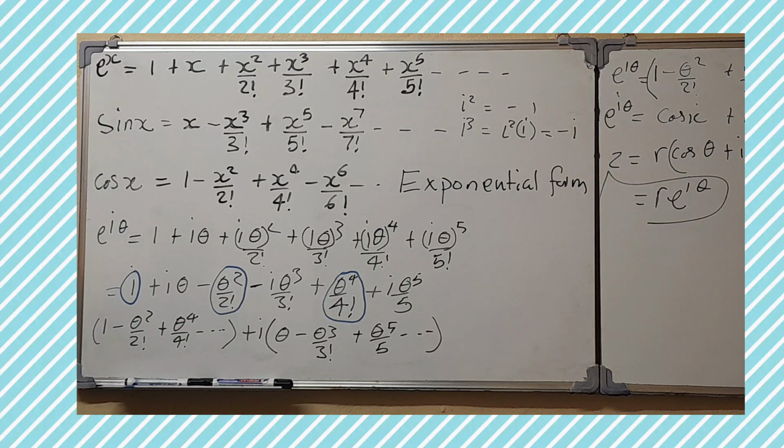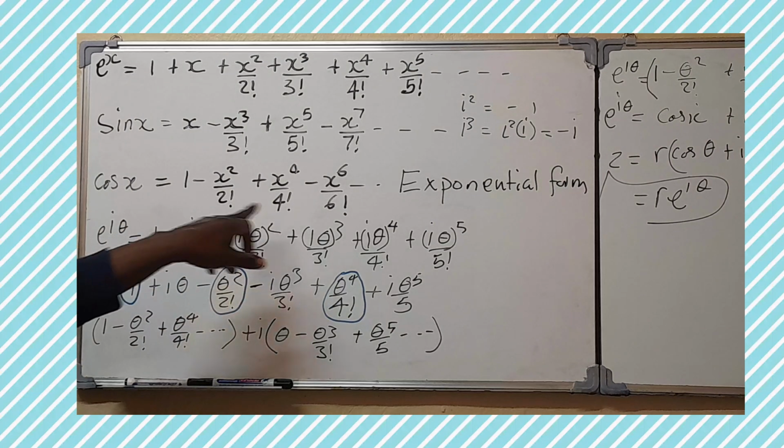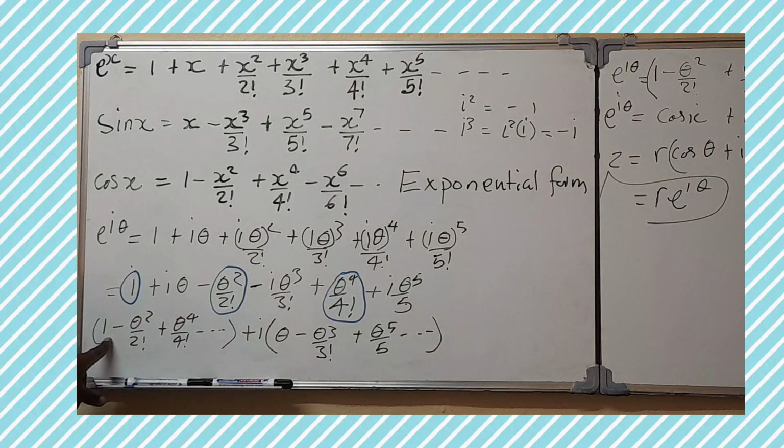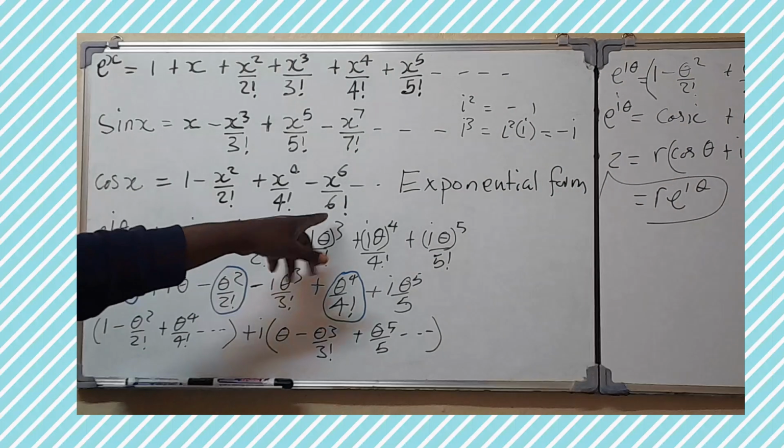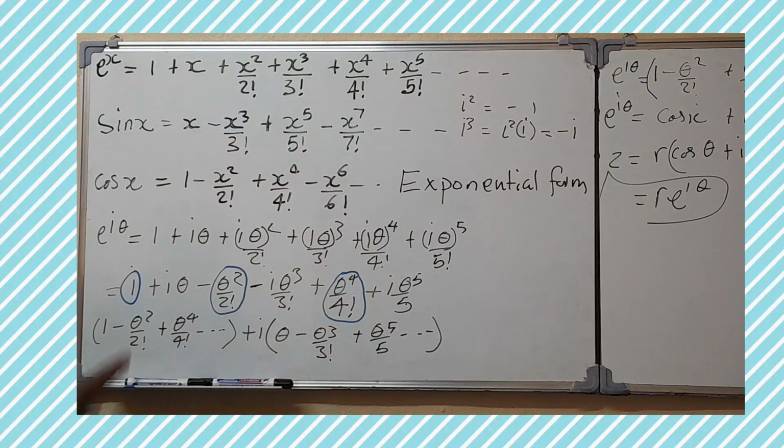Now, when you try to compare them with what we have for sine of x and cos of x, you can see that the first group here, the ones that are free of I, are really the expansion of cos of x, because there's a 1 there, x squared there, x to the power 4 there, and so forth. We could have put an x to the power 6 if we wanted.